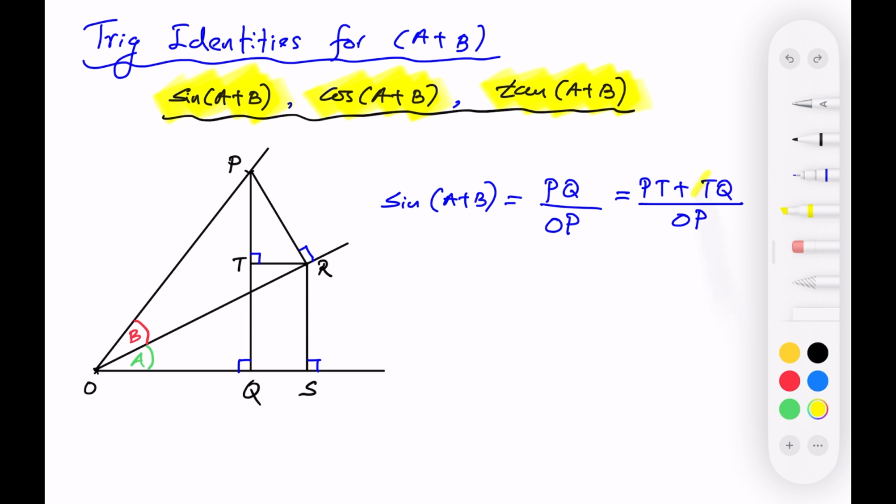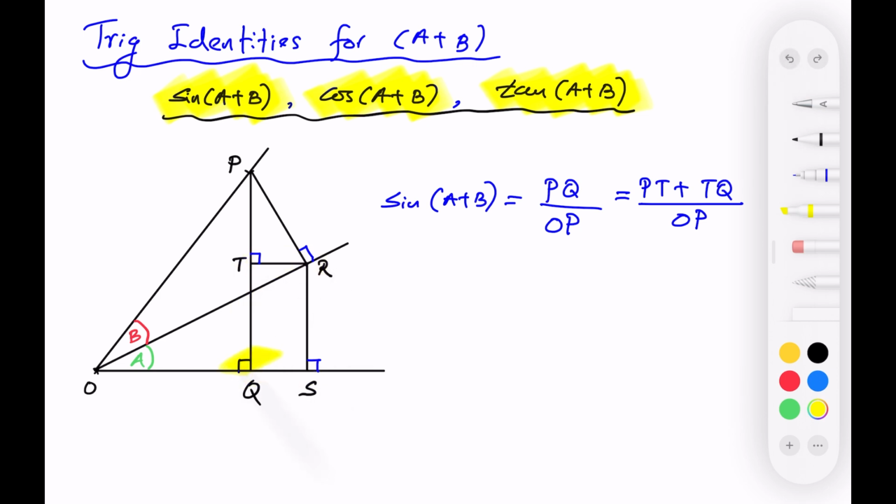Now I'm going to replace this TQ with something else. TQ is the length right here. What can you say about the lengths TQ and RS? They must be equal to one another because TQ, QS, SR, RT form a rectangle. You can see that TQ and RS are parallel lines, and also TR and QS are parallel lines.